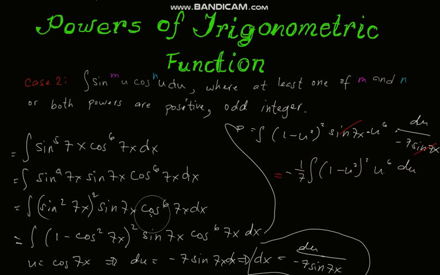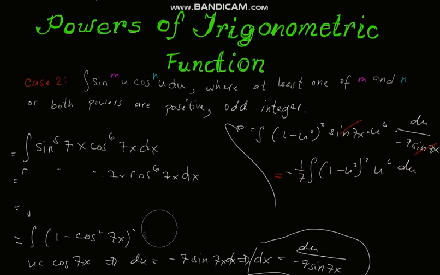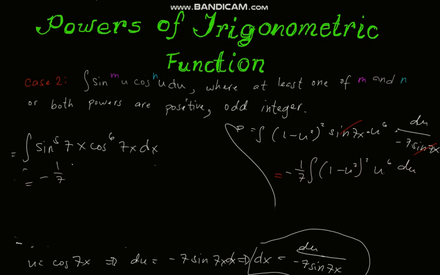I'm going to erase this. Okay, now what I'm going to do is to foil this expression, 1 minus u squared, squared. This becomes 1 minus 2u squared plus u to the fourth, times u raised to 6 du.